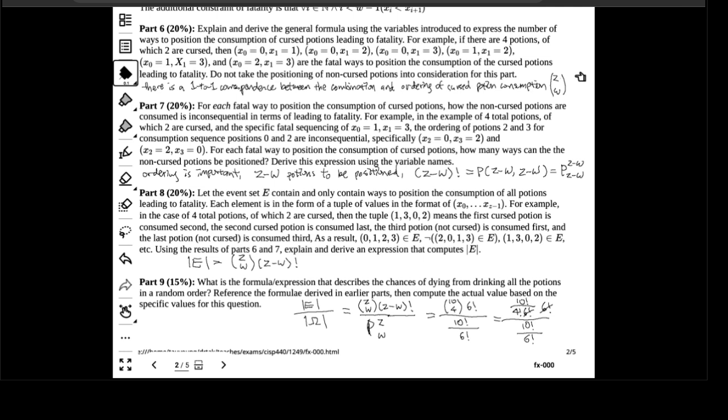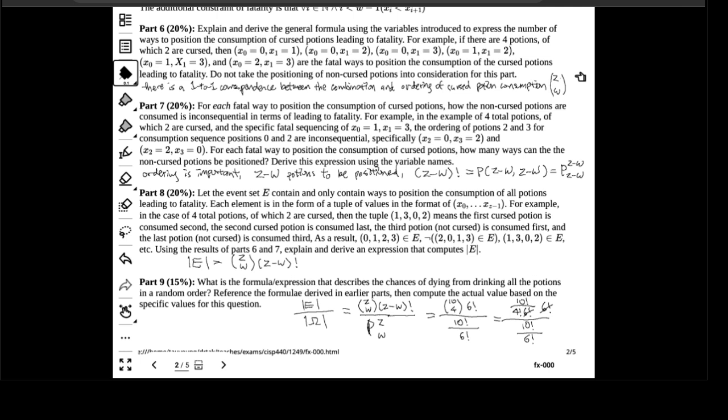So let me just double check my math here. The cardinality of E is Z choose W times Z minus W factorial. That is correct. And then Z choose W is 10 factorial divided by 4 factorial times 6 factorial. That is correct. Z minus W factorial is indeed 6 factorial. And then those two cancel out, and we end up with 10 factorial divided by 4 factorial on the top.